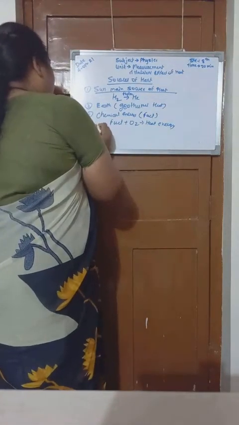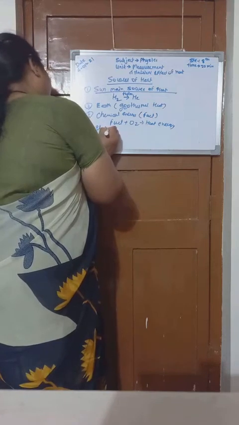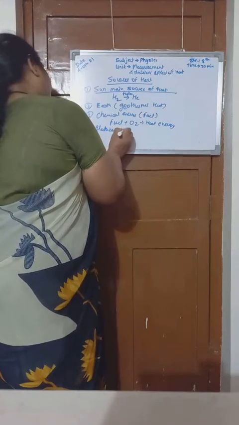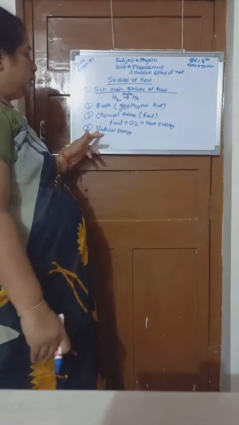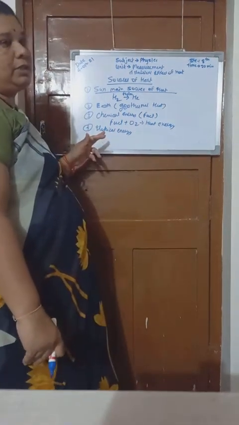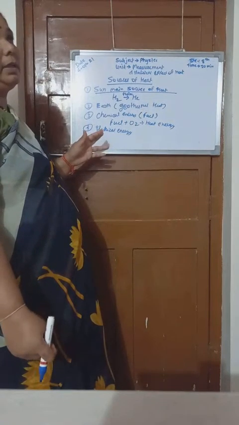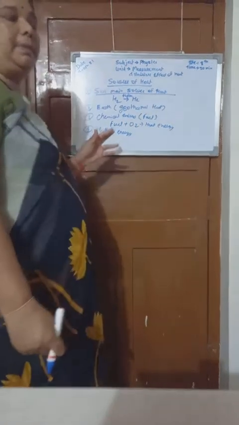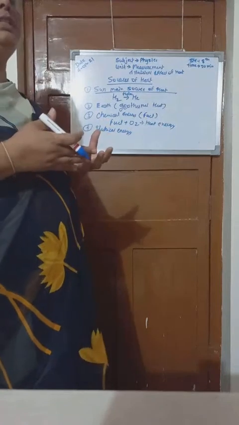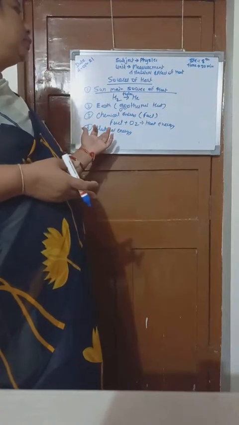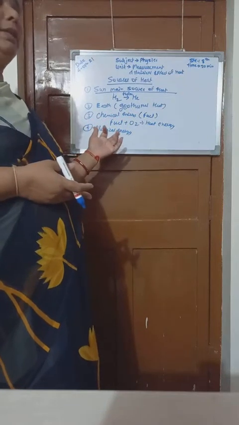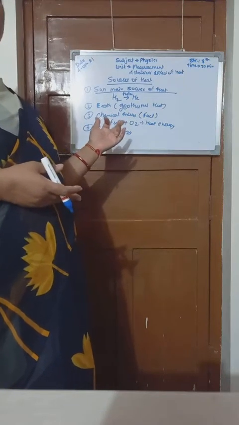Okay. Then fourth is electrical energy. Do you know electrical energy? We use various electrical energy for different purposes. If we use this electrical energy to form heat, then it is a source of heat.